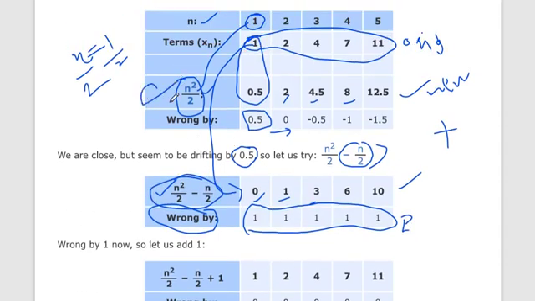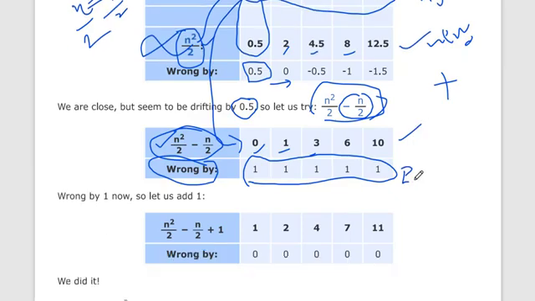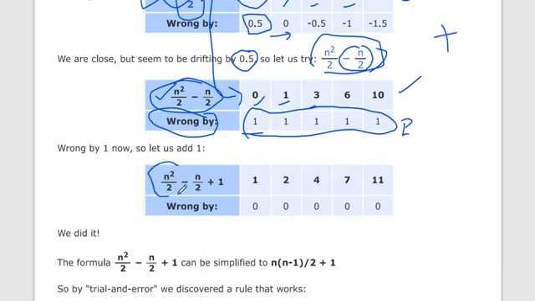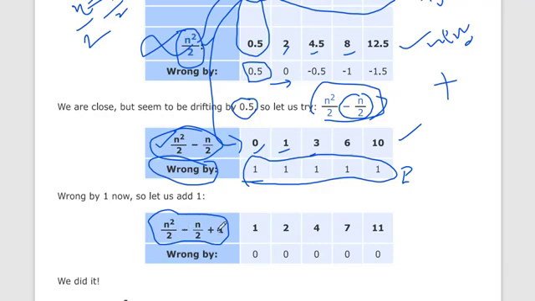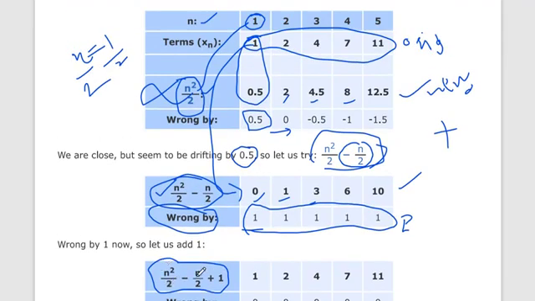Okay, now this is our old sequence. We have n square by 2 minus n by 2, and the difference is always 1, so we have to add this. Let's check if it is true or not. So n square by 2 minus n by 2 plus 1.